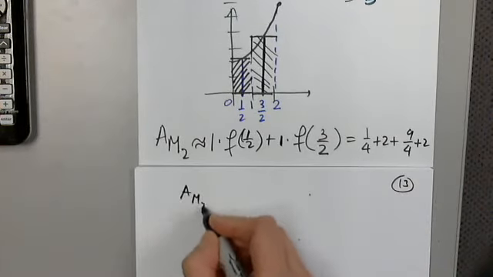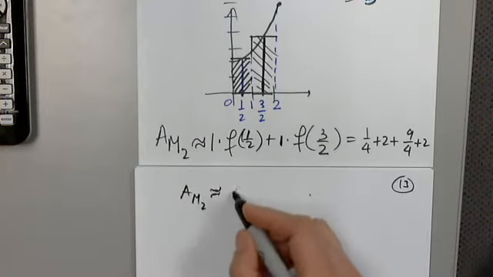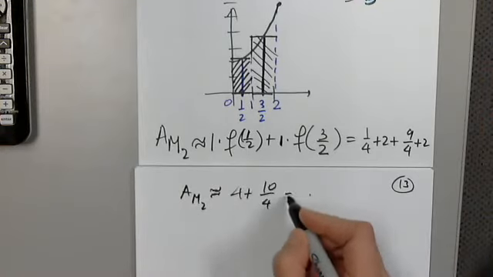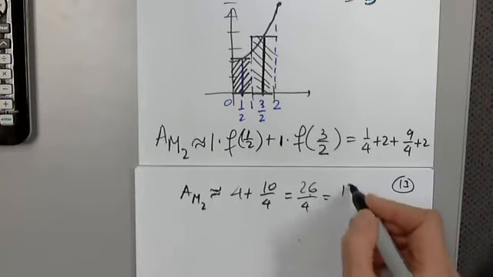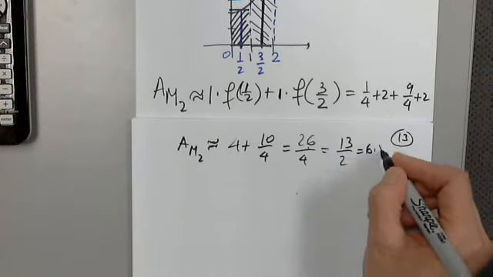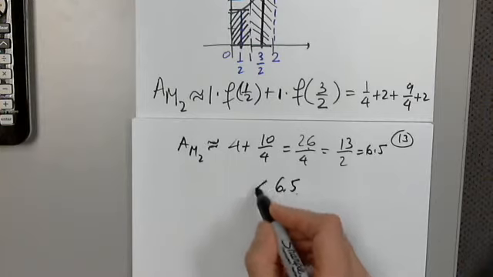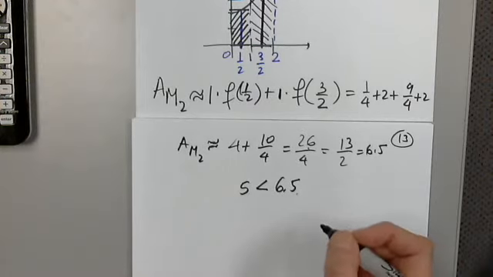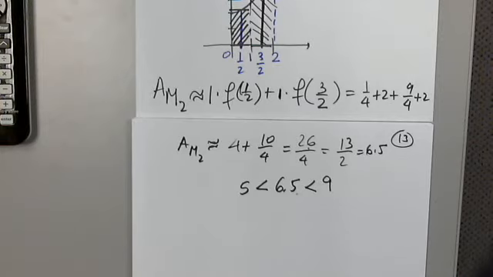So the area with the midpoint, with 2 subintervals, is approximately 4 plus 10 over 4, so 26 over 4, or 13 over 2, or 6.5. So we got 6.5 in the middle. We got the lower bound as being 5, and the upper bound as being 9.